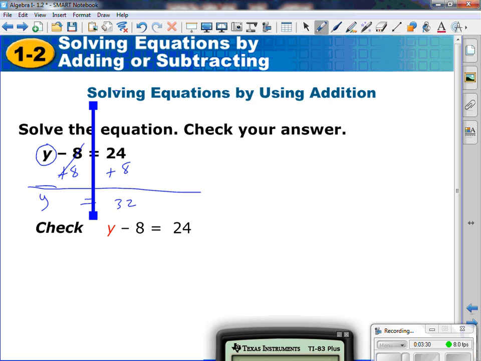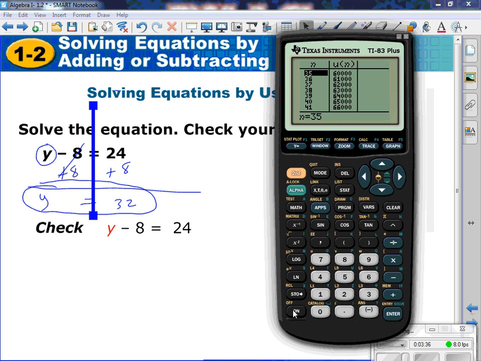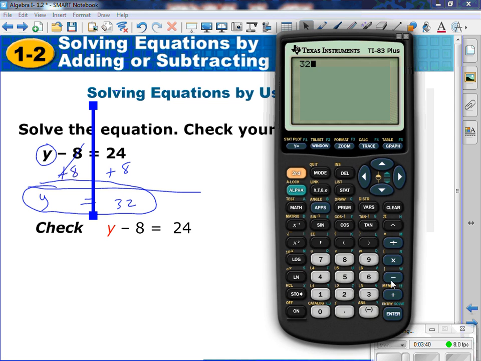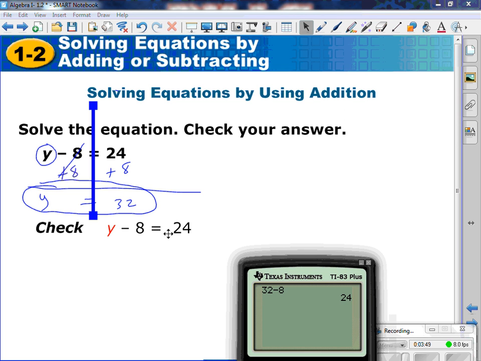So y has to equal 32. Now checking our work. 32 minus 8, 24. I know I'm correct. I checked my work. I know that this answer is correct. I should get full credit for showing my work.